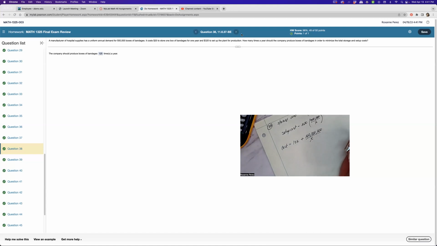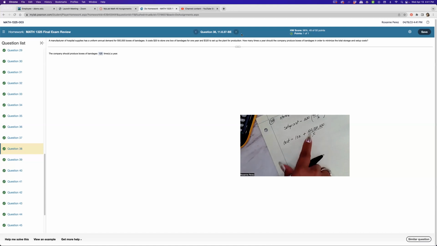So now we have our cost function set up. Then we're going to take the first derivative, so C prime, and that's going to give us 10 minus 160 million over X squared.